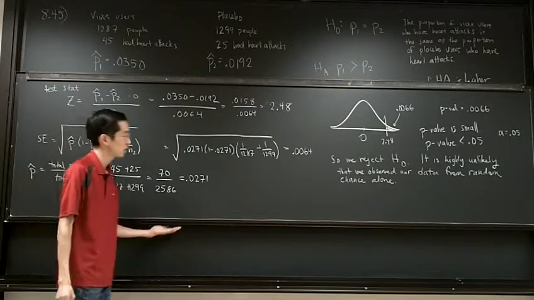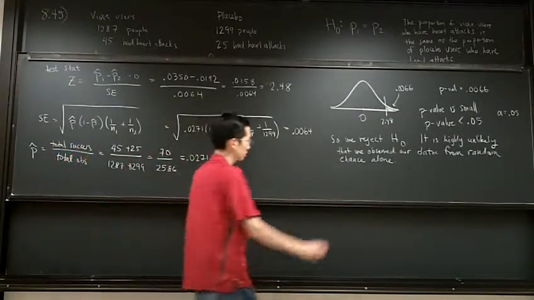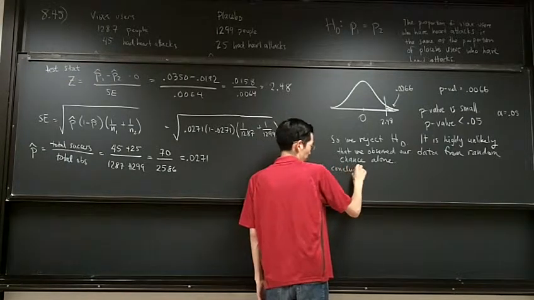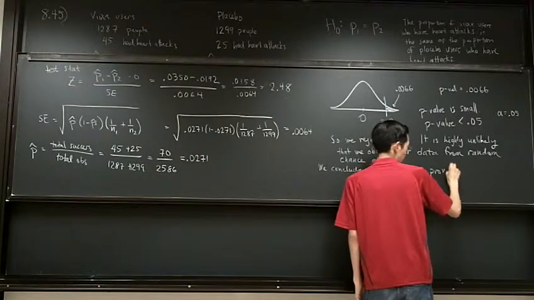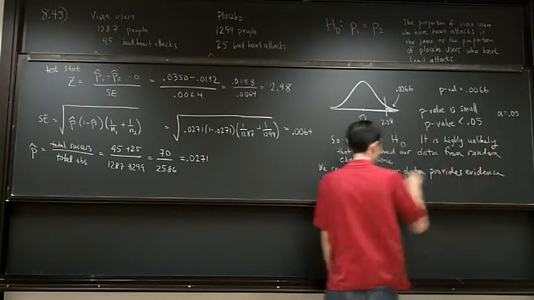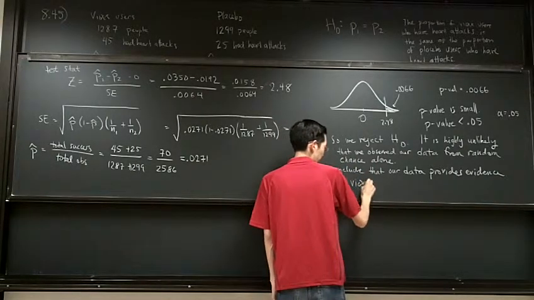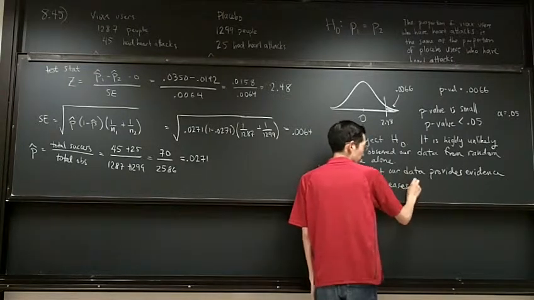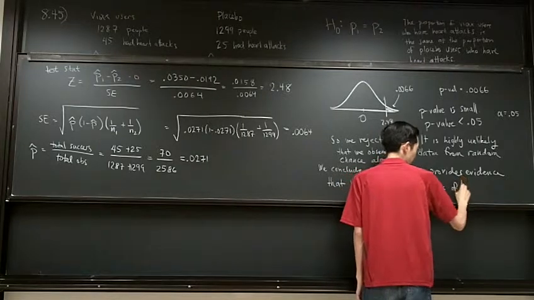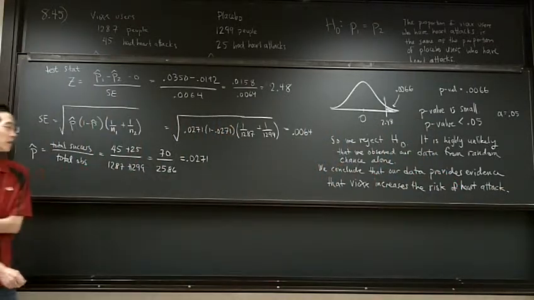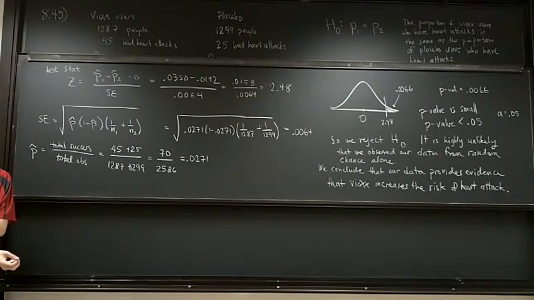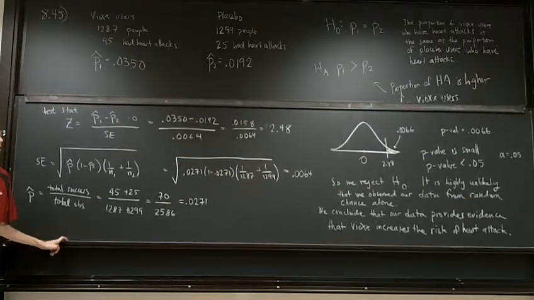Instead, we conclude that our data provides evidence that Vioxx increases the risk of heart attack. Okay, there you go. That's problem 845.